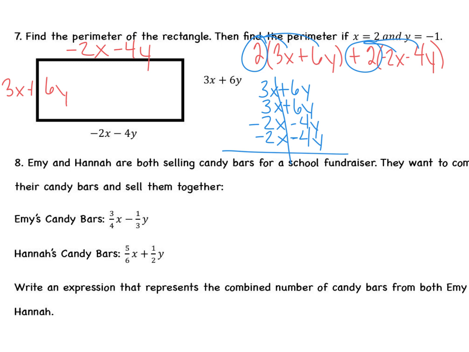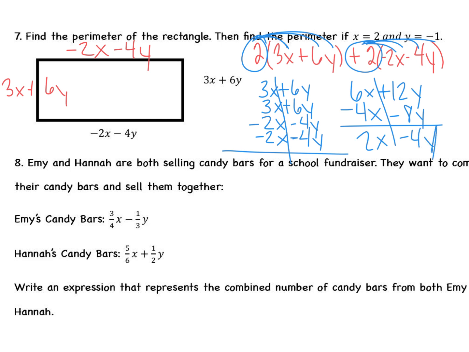Okay? So when we look at this, if we're distributing, 2 times 3x is 6x. 2 times 6y is 12y. 2 times a negative 2x is a negative 4x. 2 times a negative 4y is a negative 8y. And then we can get 2x plus 4y.